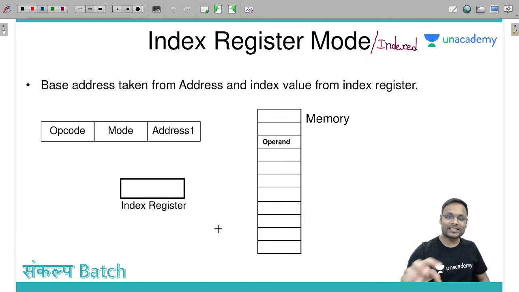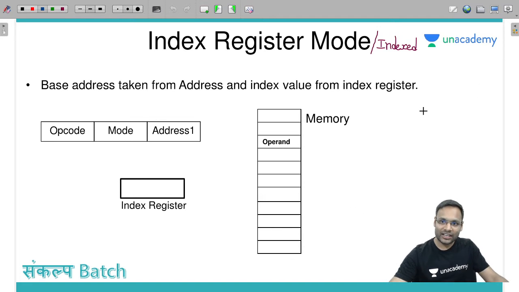If you want to access any one array element randomly, then you can use this index mode. So what do we do to get the address of the array element? We get the address by base plus index, so that you can get the address of the array element, which is nothing but the effective address for us. Address of any element is the effective address.